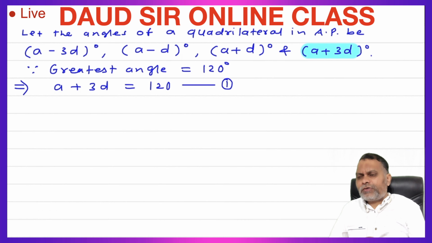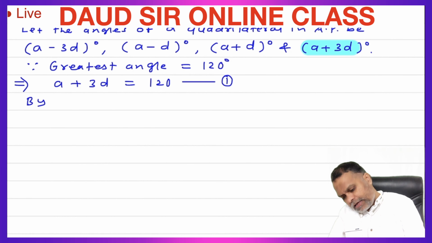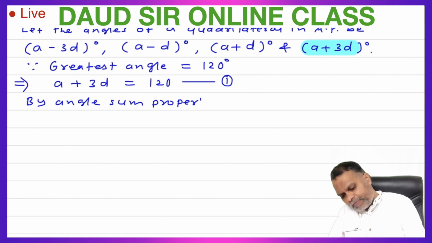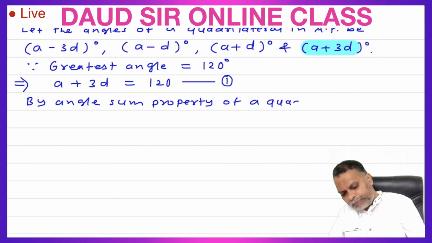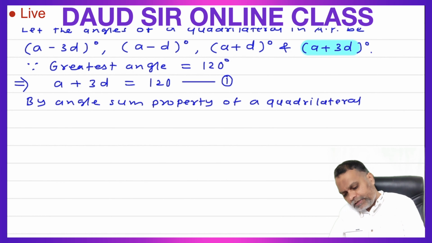Now we can use the angle sum property of a quadrilateral. By angle sum property of a quadrilateral, sum of all four angles is 360 degree.